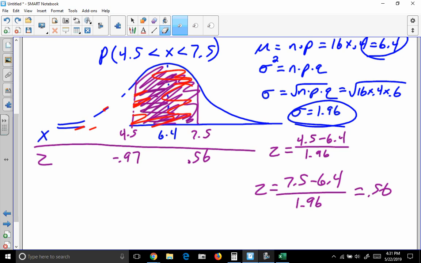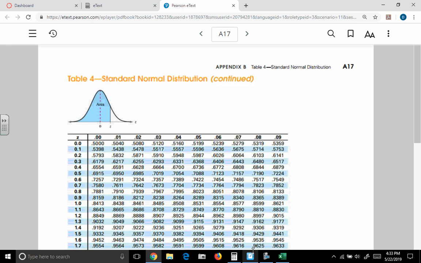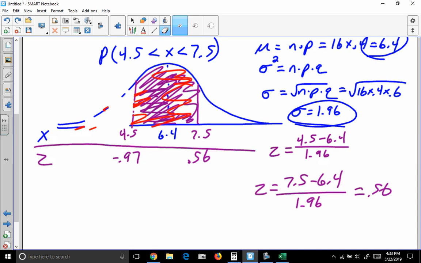So let me pull up a normal distribution table and we'll look up those numbers. Okay, so if we look up a z value of 0.56, it has an area of 0.7123 to the left. That's going to include this much extra, so we're going to take off that area.